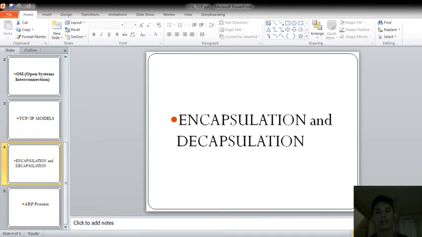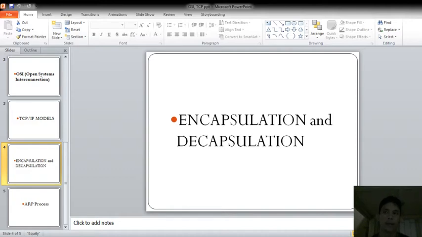So the next topic that we're going to discuss is decapsulation. Decapsulation is the reverse process of encapsulation. It occurs when the data is received on the destination computer, as the data moves up from the lower layer to the upper layer of the TCP/IP protocol stack.